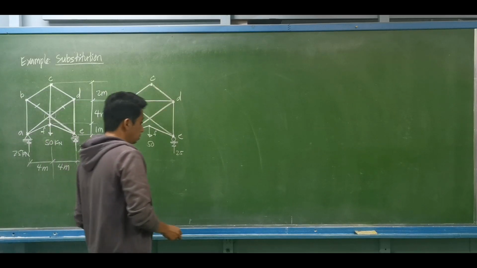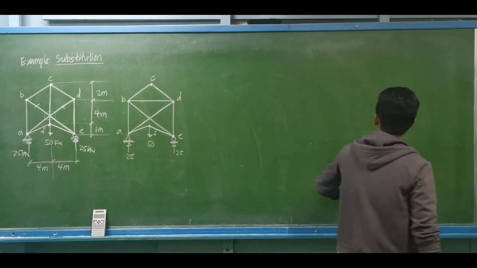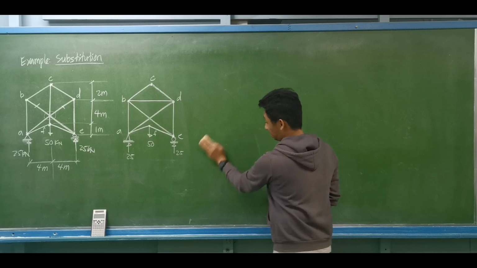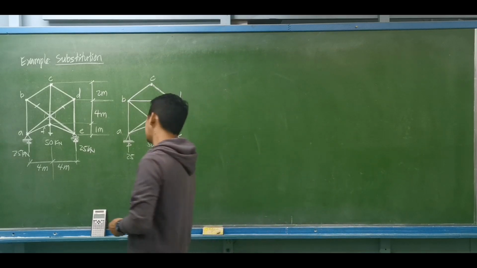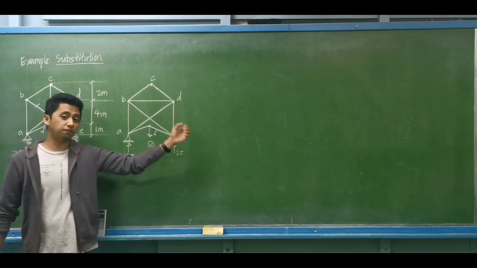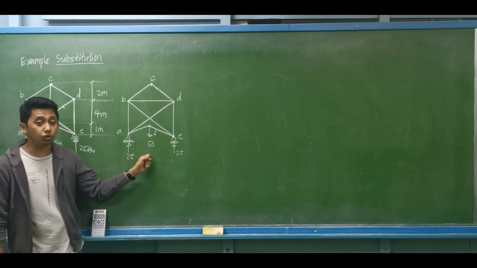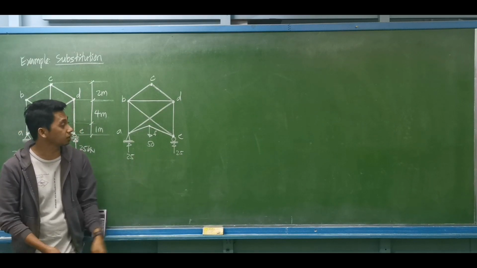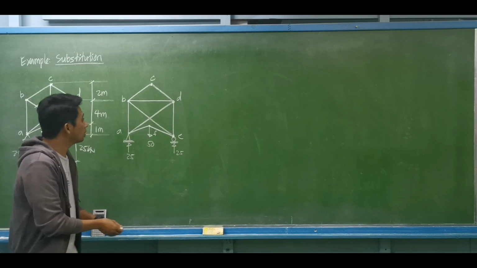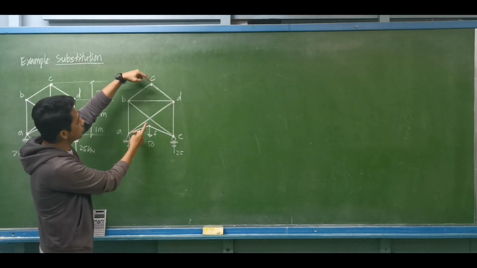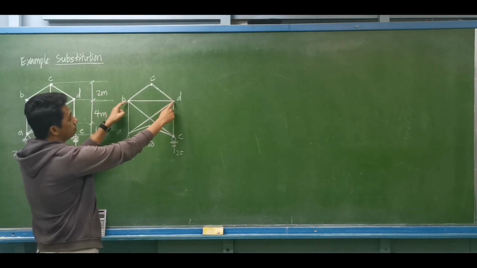Okay, so the next thing to do, after computing the bar forces due to the 1 unit load, is to compute all the bar forces due to the real load, or the actual load, 50 kilonewtons. As you can see, we replace CF with member BD.